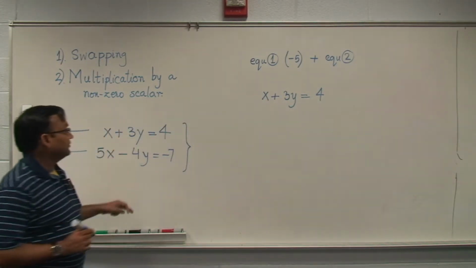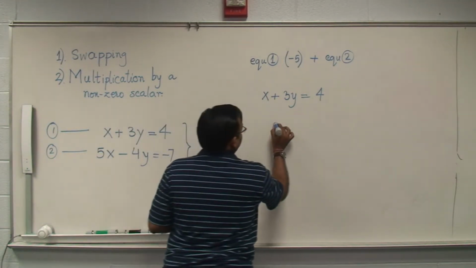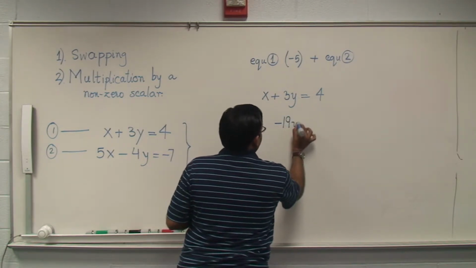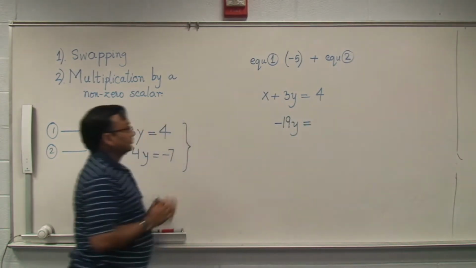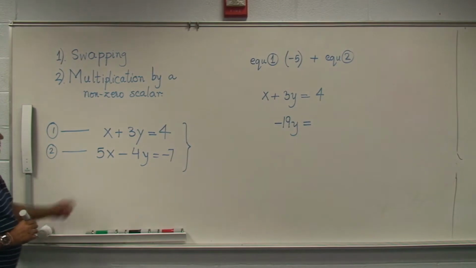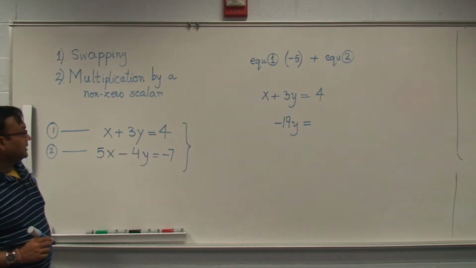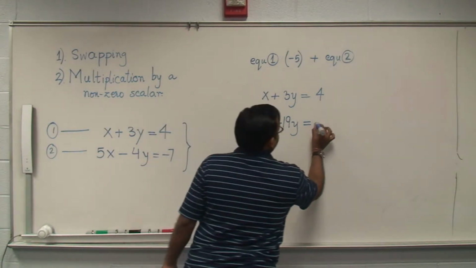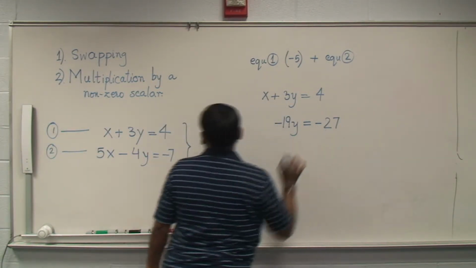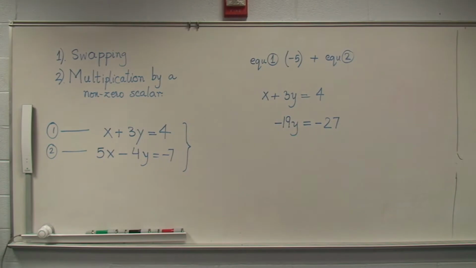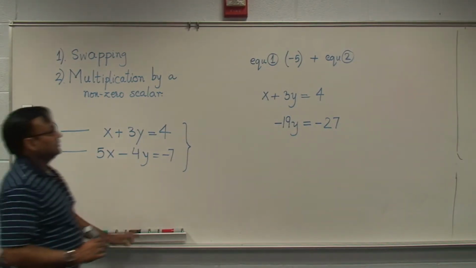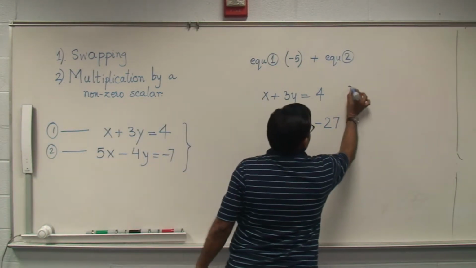This will be minus 15y and minus 4y. So then the second equation will change its looks, and it will look like minus 19y. And on the right hand side we have minus 20 and minus 7, which will give us minus 27. Okay. Now, from this system, using this operation, I have achieved another system.